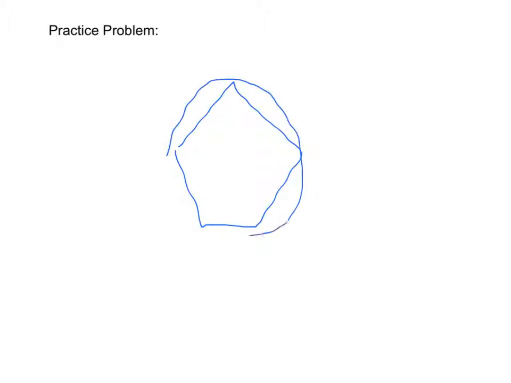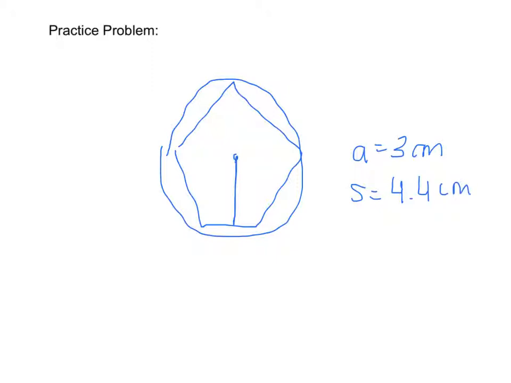We can use this formula if, for example, we're given a regular pentagon and the circle around it, if I could draw it better, and we're given that the apothem is equal to 3 centimeters and each side is 4.4 centimeters. Then we can use this formula. A equals a s n over 2.